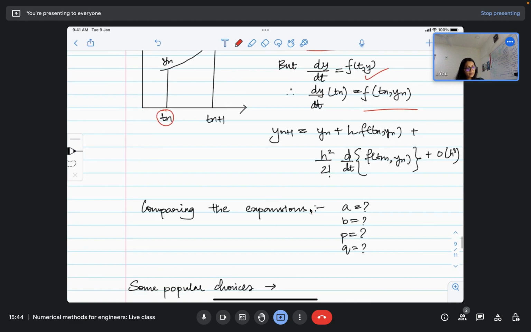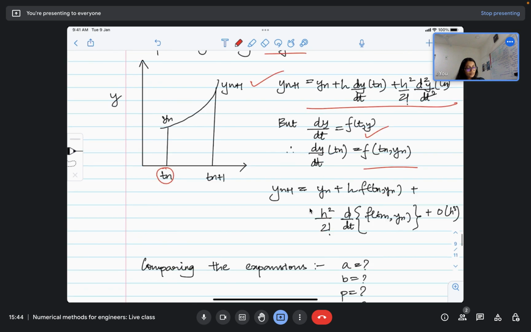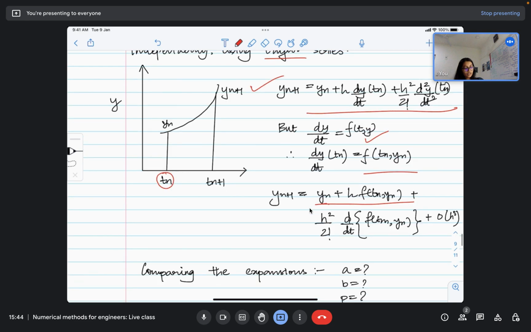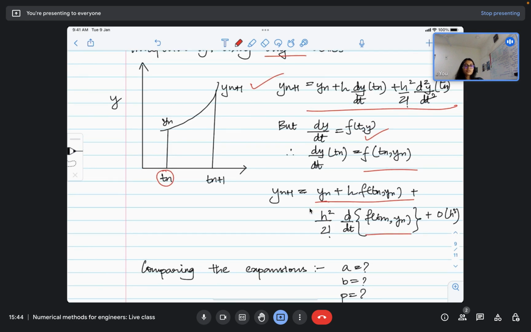So using this Taylor series expansion, we can write y of n plus 1 as yn plus h times the function plus h squared by 2 times d by dt of, because here you will do a differential in Taylor series expansion, and you write down the initial function once again.